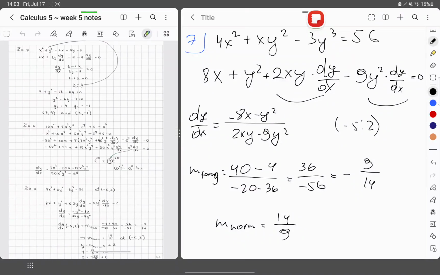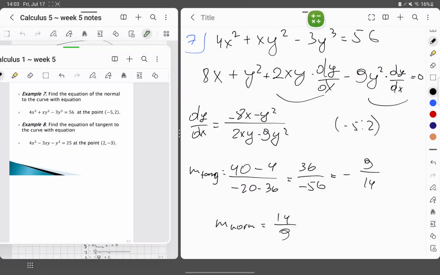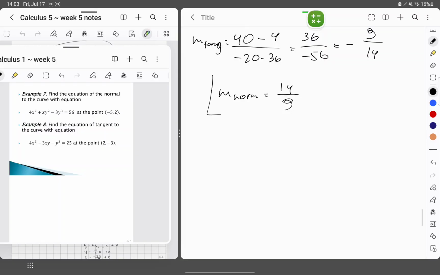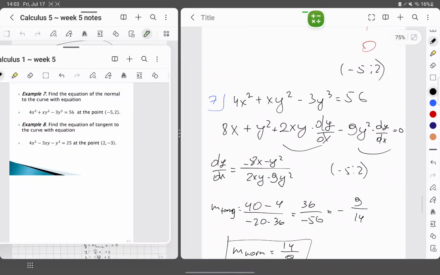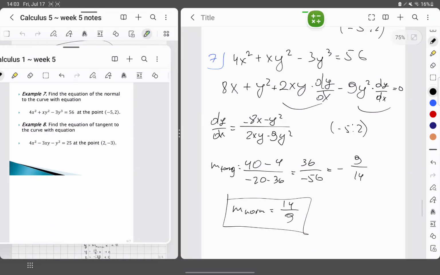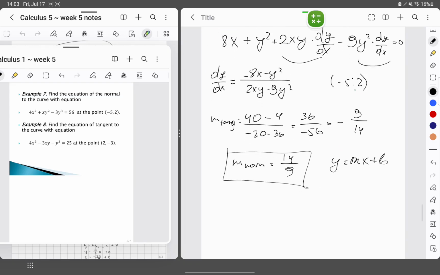Yes, negative. And find the equation. If we say equation, okay, that is our m for the normal line. So what is our original function? Okay, how do we find it? If that is mx plus b, we have points negative 5 and 2.